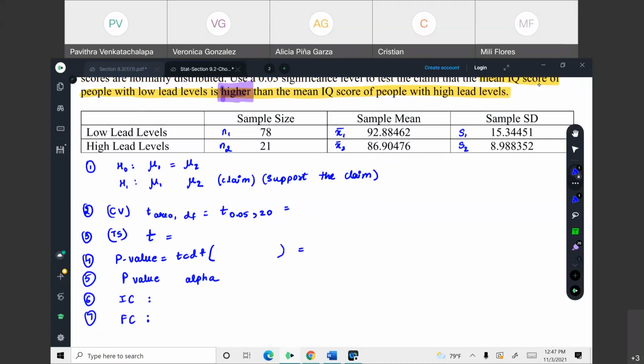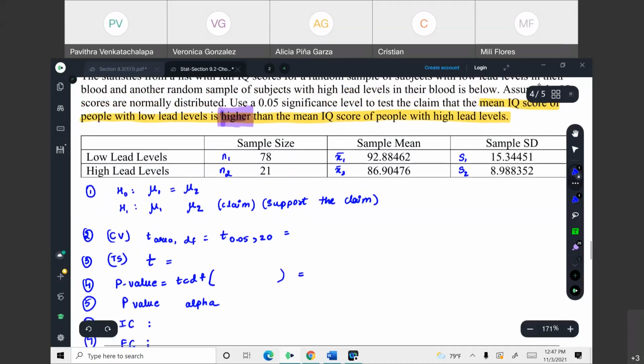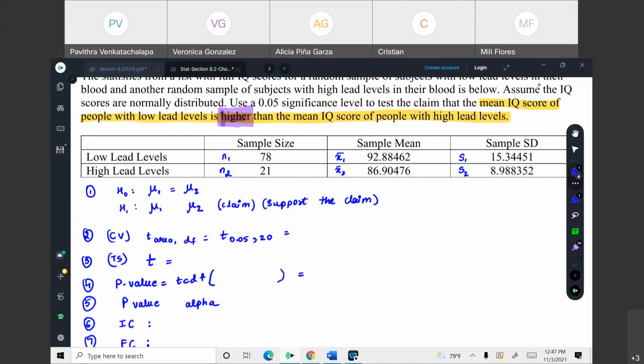Okay, so you write null hypothesis mu1 equal to mu2 and H1, mu1 not equal to mu2. Now you have to write the symbol. So for that, you go to the question and the highlighted one is the claim. How do I know that? Because you have the word claim here, and after that, whatever comes will be your claim, right?